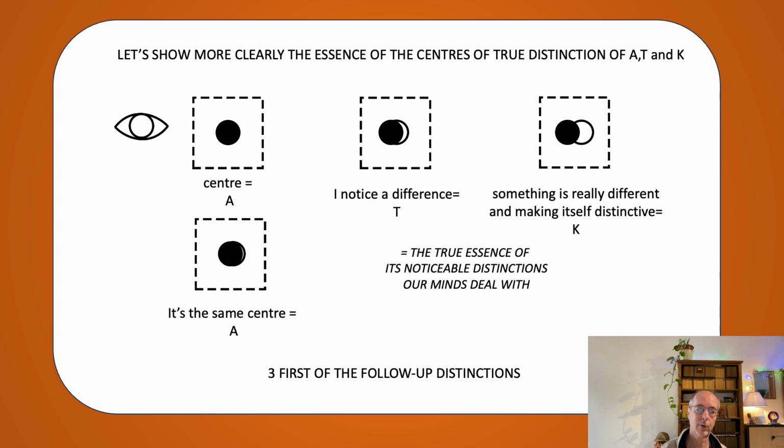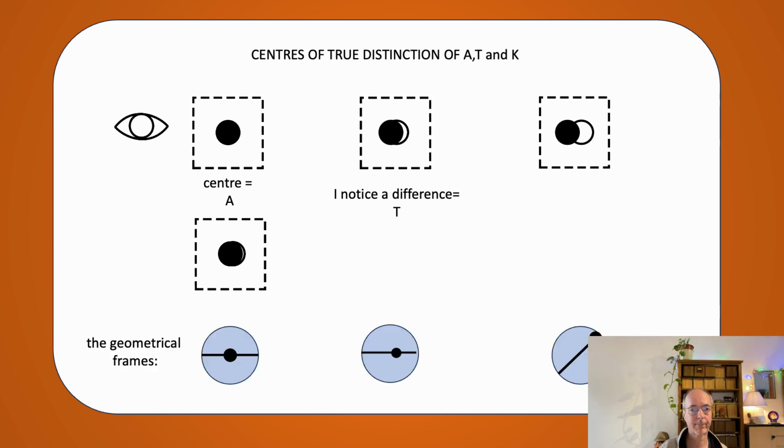If we lose the focus, it will not fit with the letters anymore. But we also have geometrical associations. Let's compare them. The geometrical frames are a little bit different. So you have here the A, the T and the K.